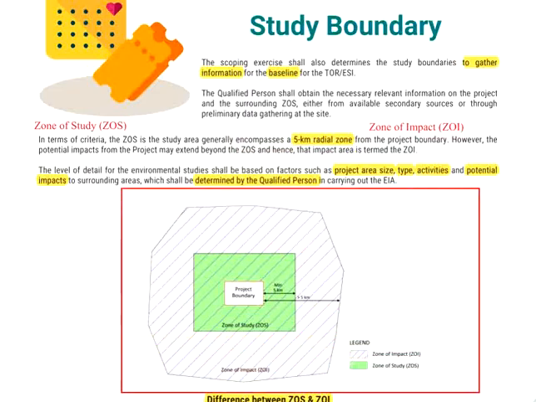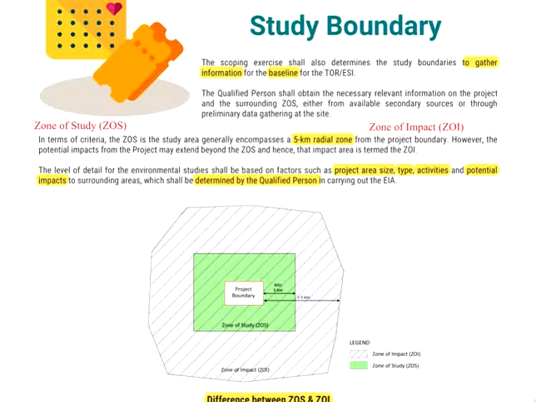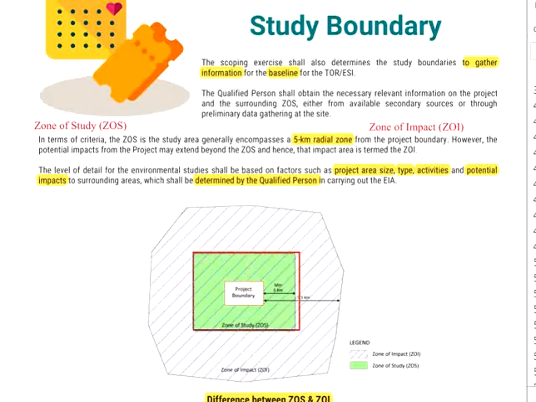By looking at the figure here, let's say this is your project site. The project boundary is here. Now your zone of study will encompass 5 kilometers radius distance from the boundary of your project site. That gives you the zone of study.